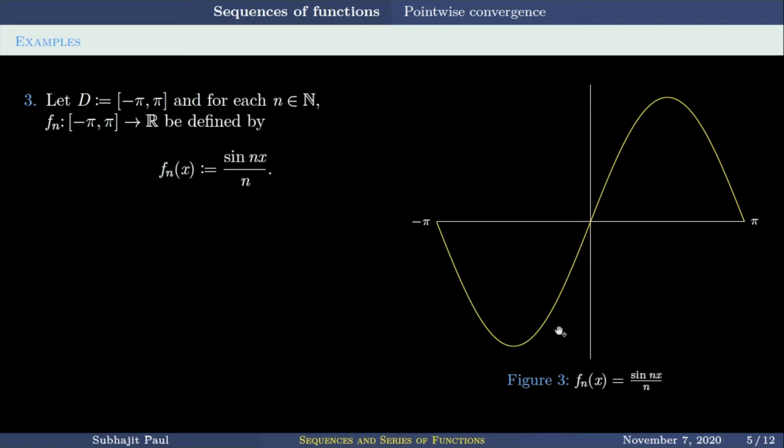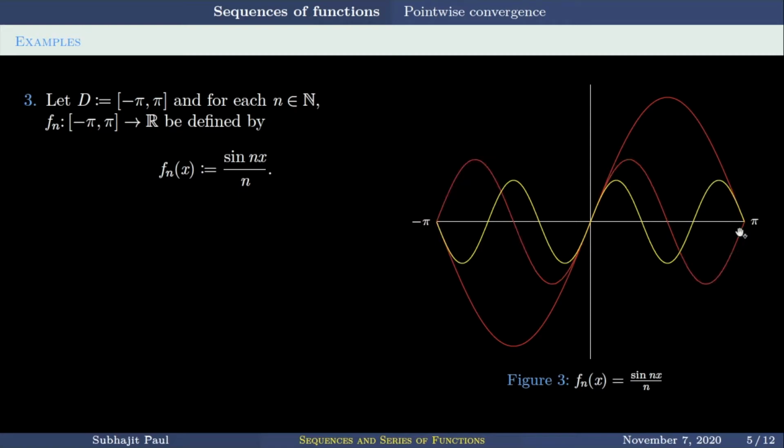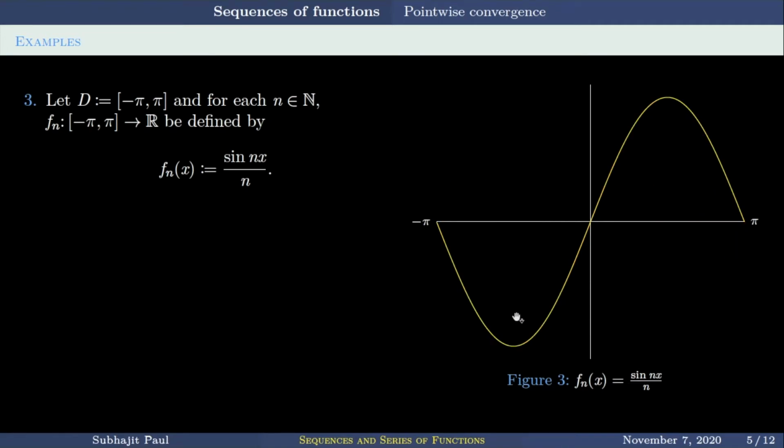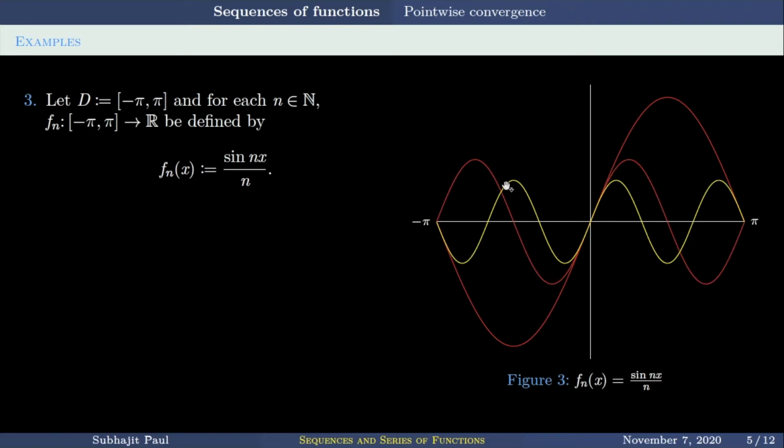For n equal to 1, there is one full wave over here, and for n equal to 2, there are two full waves. So frequency has increased. If you take f3, here you have 3 full waves, and at the same time the amplitude is reducing. The amplitude was the full height in the very first one, f1(x). In f2(x), the amplitude has halved. In f3, the amplitude is 1/3, and so on.